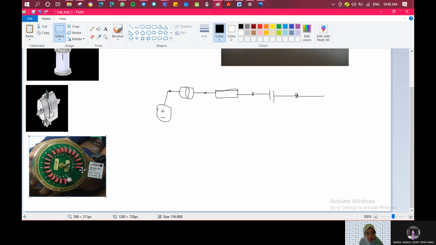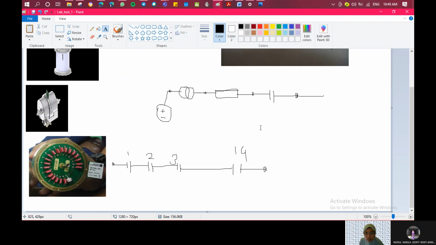This one is the secondary unit, the secondary capacitor. So it is connected in series. One capacitor, two capacitor, three capacitor, capacitor 1, capacitor 2, capacitor 3, until the 19th capacitor.